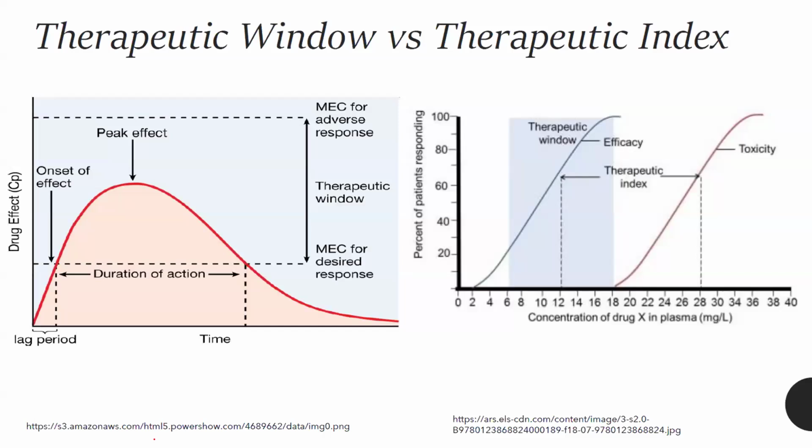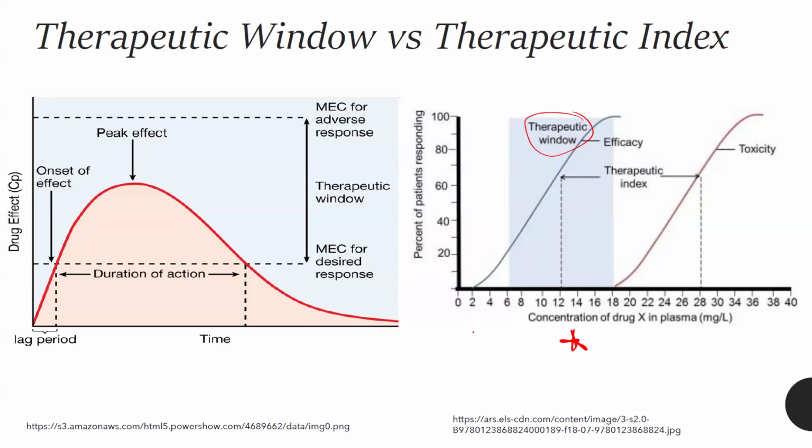Now, for any and every drug, there's what's known as a therapeutic window and a therapeutic index. The therapeutic window is basically the window of time in which the drug is going to be functioning. If we look at this graph over here on the right-hand side, this shows our therapeutic window.